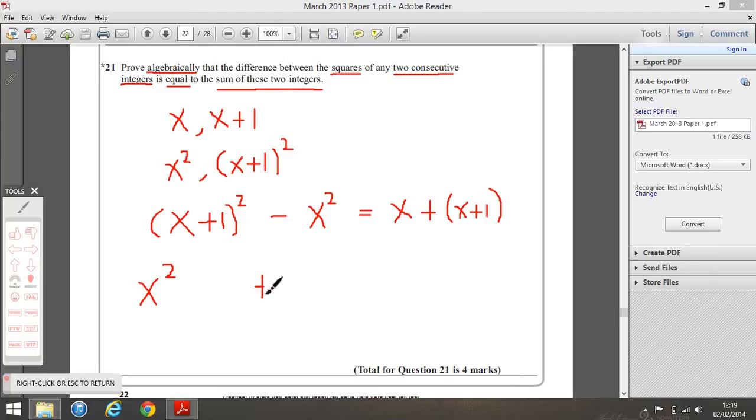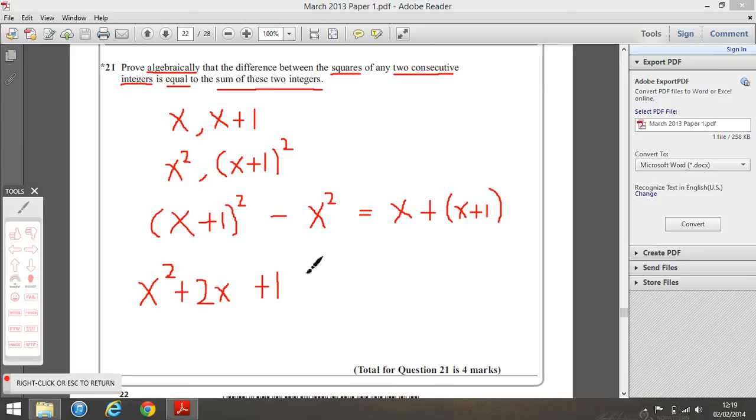I've left that space in the middle because that's where my twice the product goes. And twice the product just means you do the product of both terms. So x multiplied by 1 gives us a 1x, and then you just double it at the end. So that's a little shortcut when you're expanding a squared bracket. Just remember that saying, square the first, square the last, and then twice the product of these two.